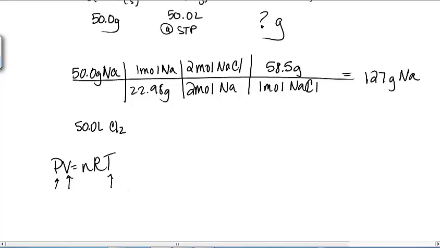What's the temperature? 273 Kelvin. All right, do you remember R? 0.08206. What are the units? I know it's been a while for some of you. What are the units?